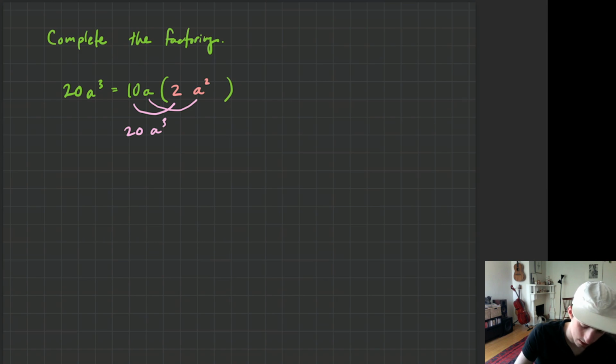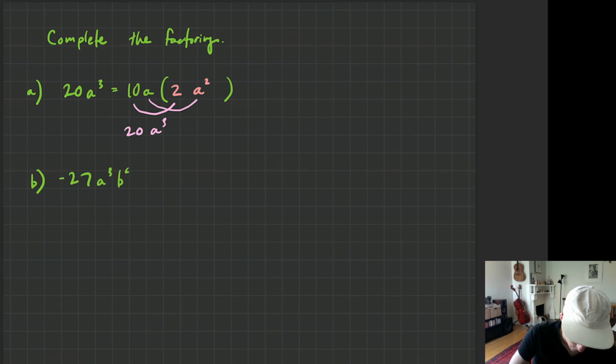Okay, how about this one? Ooh, this is a good one. This was question A. How about question B now? Negative 27a cubed b to the 4 minus 36a squared b to the 5.